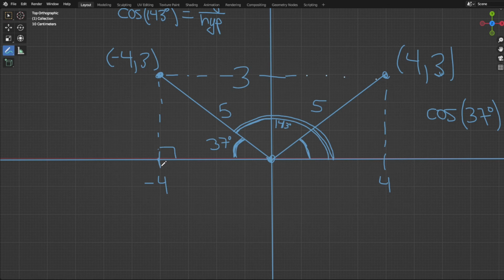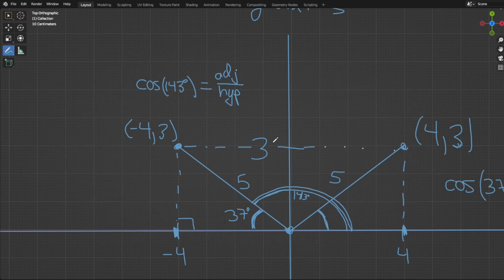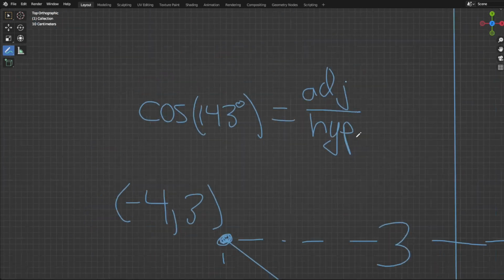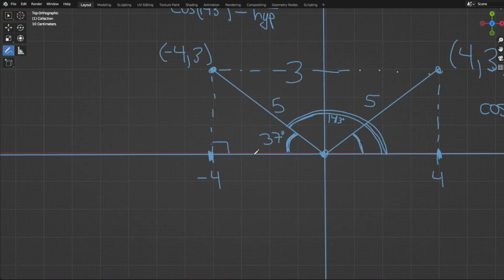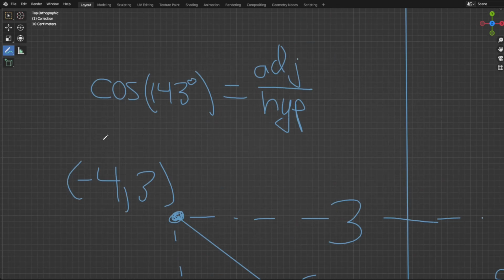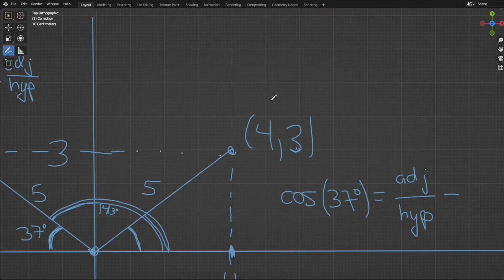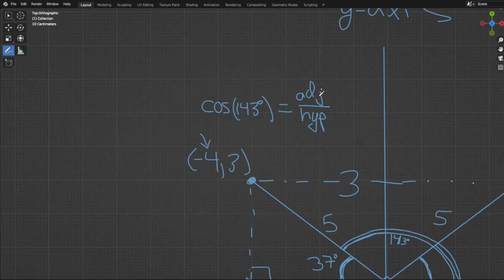So we still want to use this value here, and it's still going to be this value along the x-axis. So we'll just say cosine is related to the values along the x-axis. So we'll just choose this x coordinate.